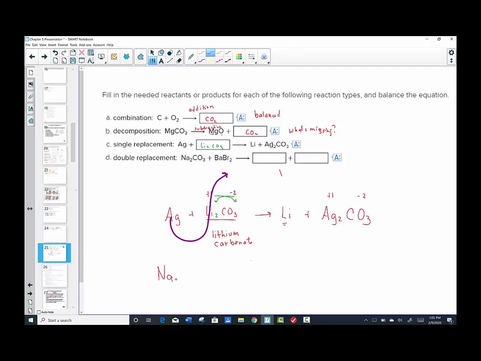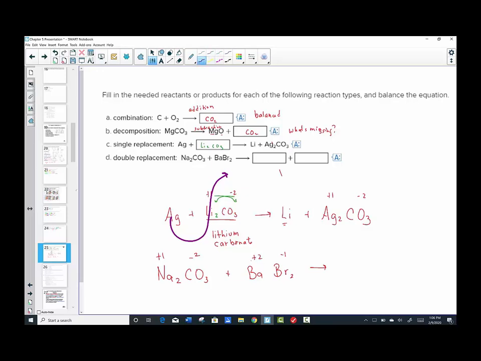We're given sodium carbonate. Now sodium is a +1, carbonate a -2. Use your polyatomic chart if you still don't have those memorized. Your carbonate, CO3 -2. And it's going to have barium bromide, BaBr2.